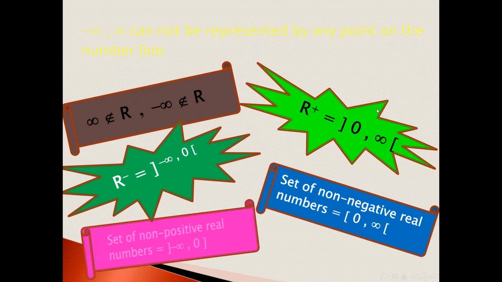The set of non-positive real numbers means I don't have the positive numbers. So it will be negative infinity open and 0 closed. Why is 0 closed? Because 0 is neither positive nor negative, so it is included in the non-positive real numbers.